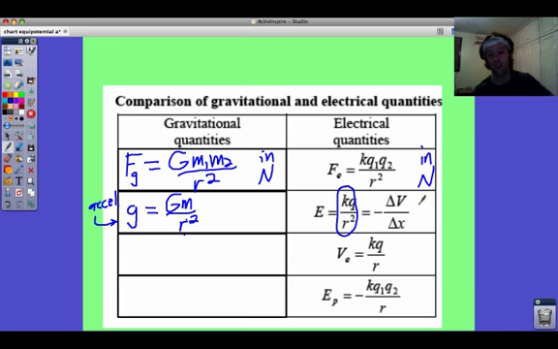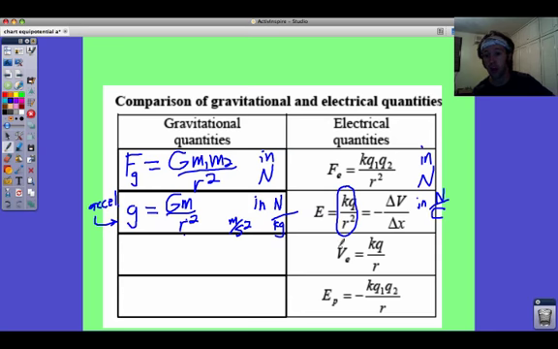This, for electrical field strength, is in newtons per coulomb. Here, it's going to be in units of newtons per kilogram, or also in meters per second squared.